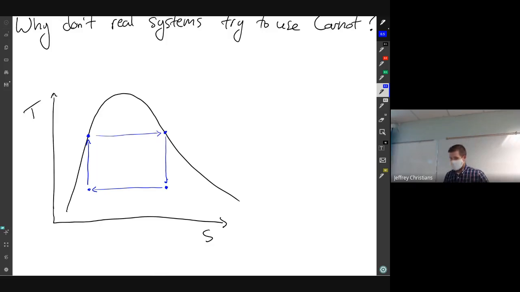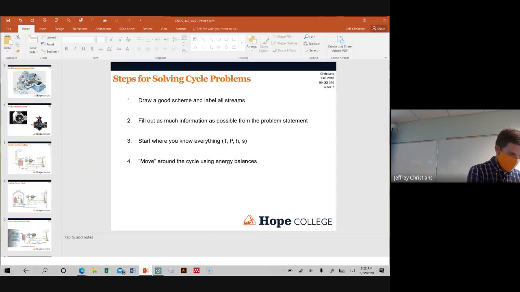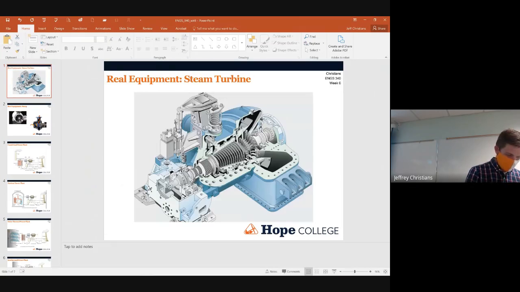So if we think about the equipment that we would actually use to do this, it might look something like this. So this is a steam turbine.